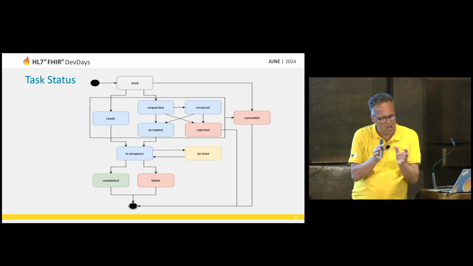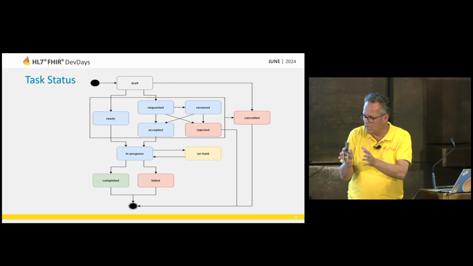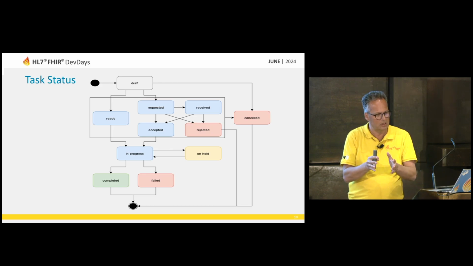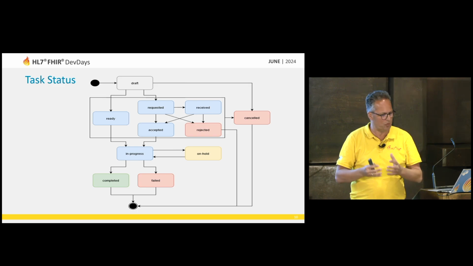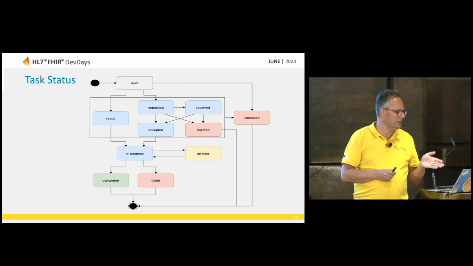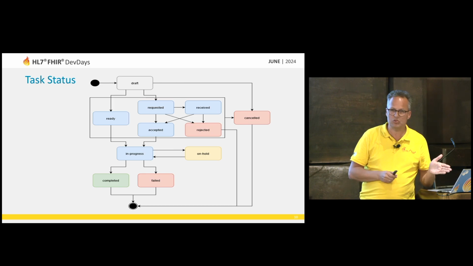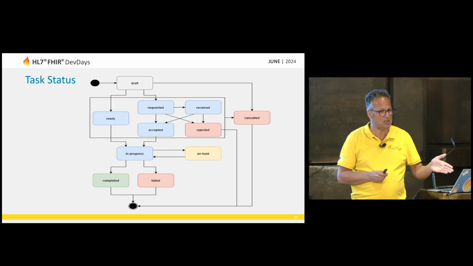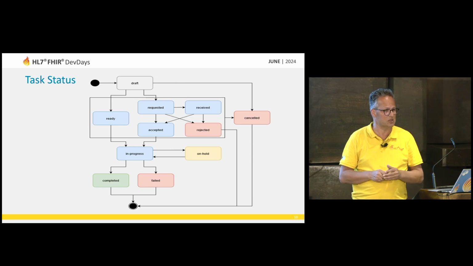Now, given that task is about the status of the workflow, that means there's a whole state machine behind this task resource to ensure that you can express all sorts of workflow statuses. So here we have both the error statuses as well as the normal status changes for statuses in this task resource.